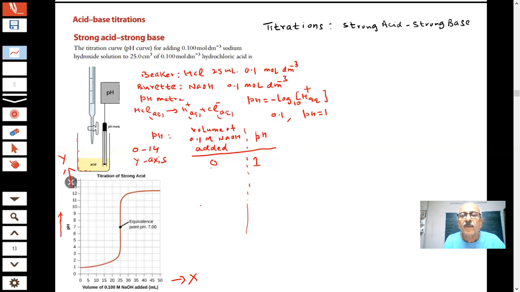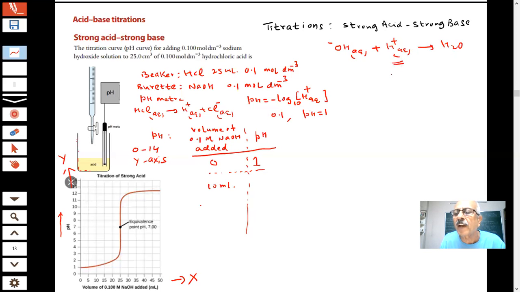Clear? Okay. Supposing I added 10 milliliter of NaOH in this. The reaction is like this: OH minus will react with H plus aqueous to give H2O.